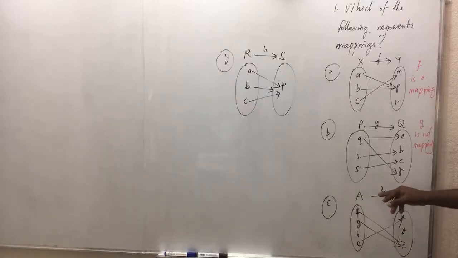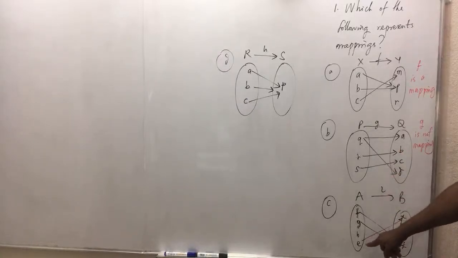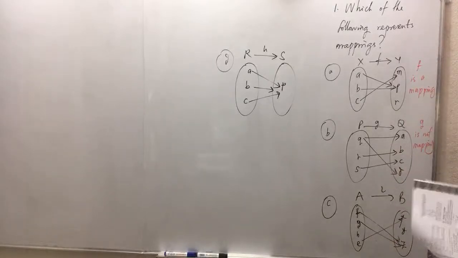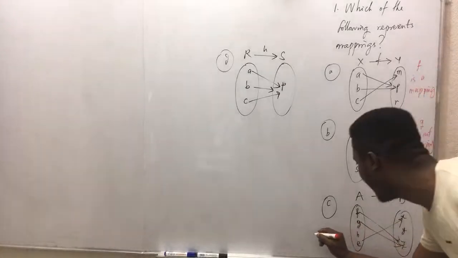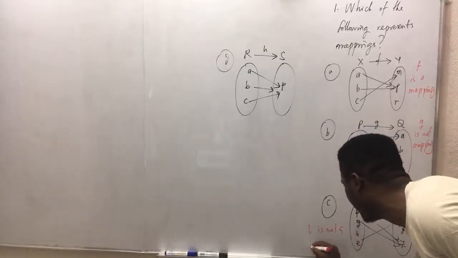What is the reason for this relation not being a mapping? It is simply because the relation L has failed condition number 1. H, an element in A, the domain, does not have an image, whereas every element must have an image. So what do we conclude, guys? We conclude that L is not a mapping.